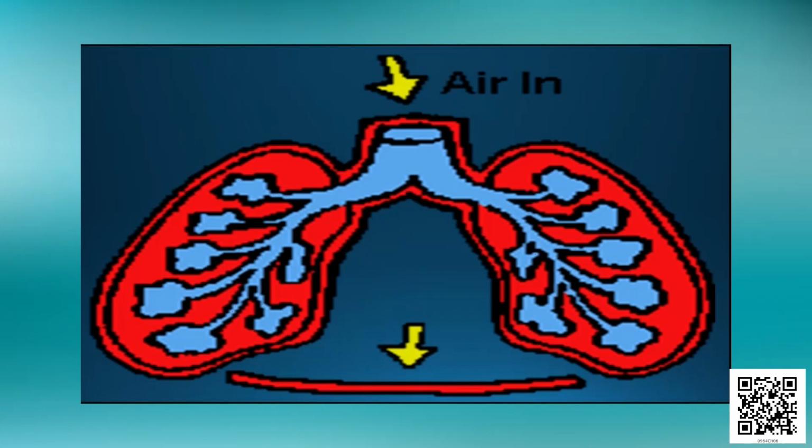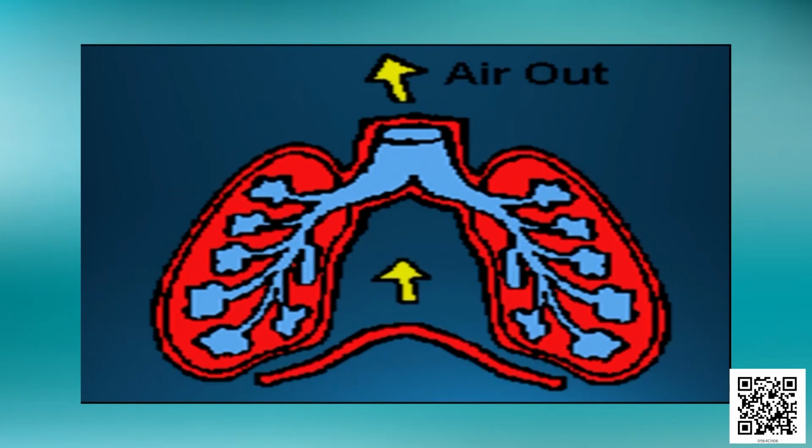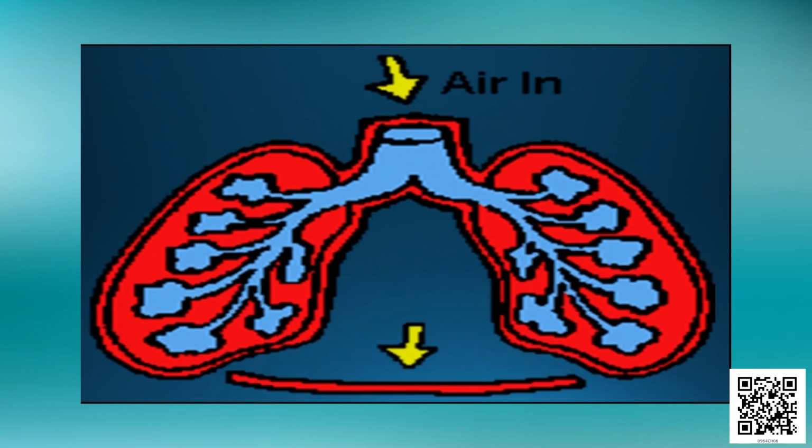So, where do you feel the movement? Yes, the movement we feel in the chest cavity. So, what happens? When we take air in, the muscle, the diaphragm, moves down and the volume of the lungs increases.